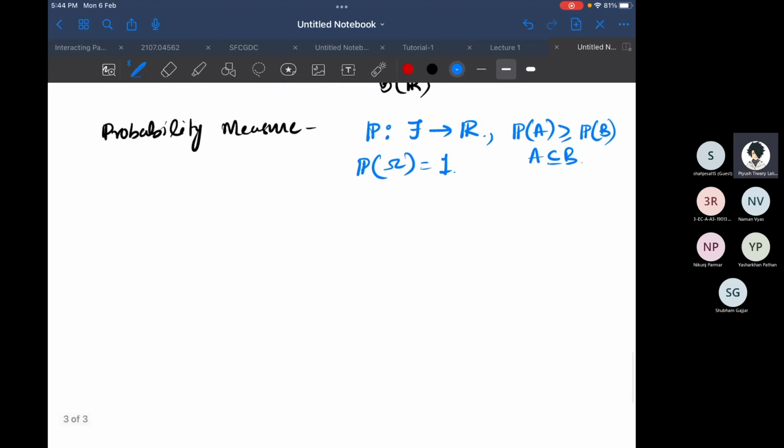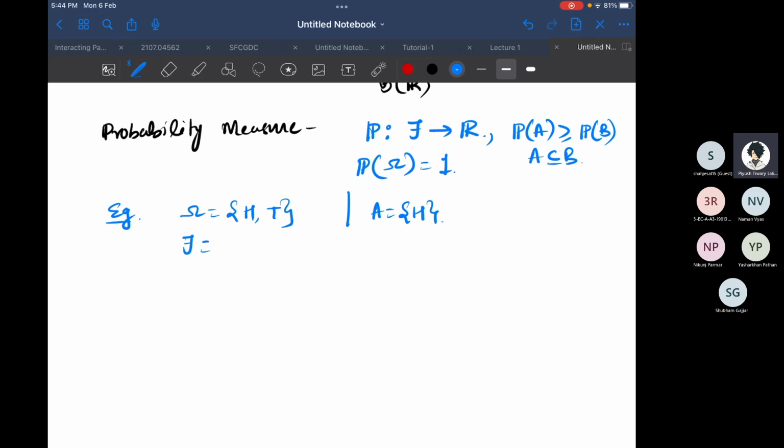Let me give you an example. Let's say that your omega is heads, tails. You wanted to construct a sigma field about it, and you said let me take one. My event of interest, let's say A, is that of heads.